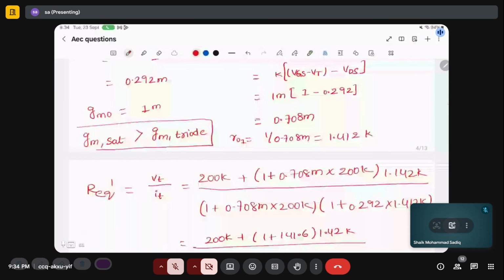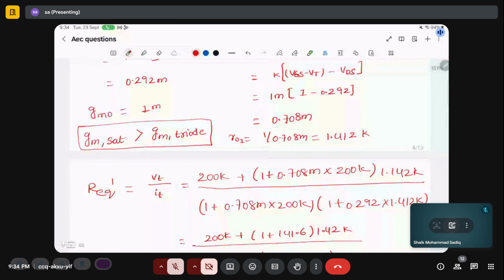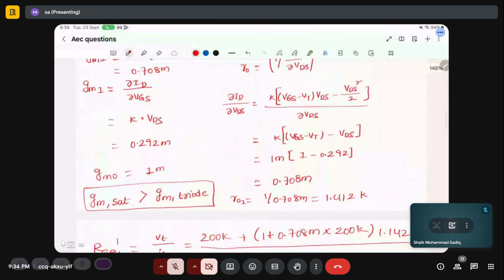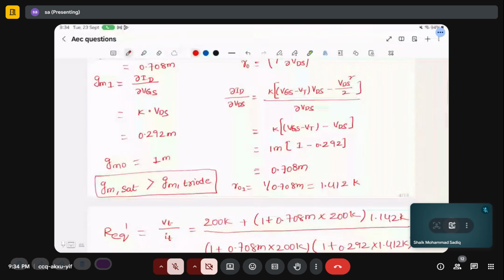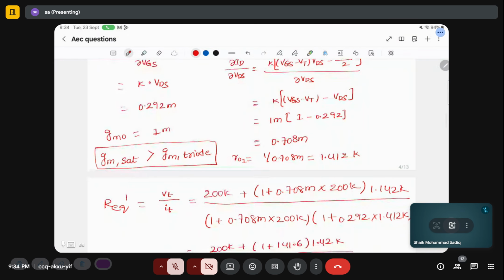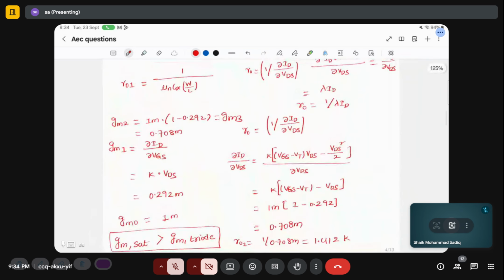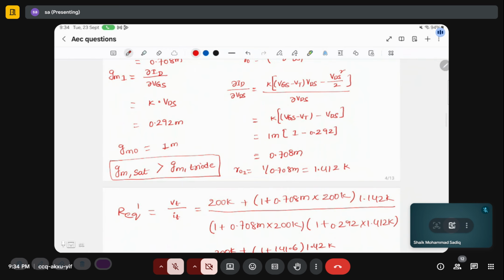If you observe, GM in saturation is 0.708 milli, and GM in triode is 0.292 milli. And this is GM for transistor M naught, in which 0.5 milli current is flowing. Because the current is higher in that, GM is also higher.